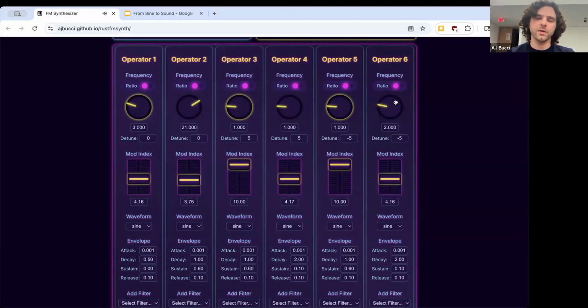See, I like that. So it's a really powerful way to create these kinds of sounds. And I mean, FM synthesis is really known for its metallic kind of sounds.